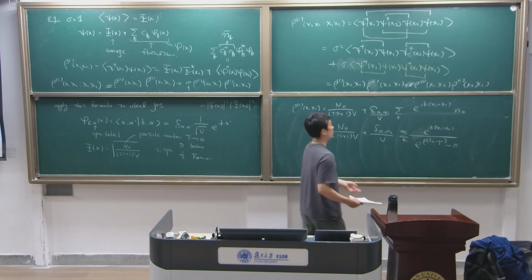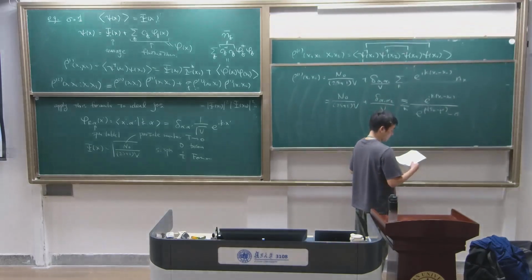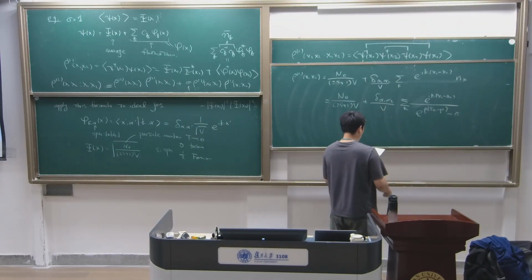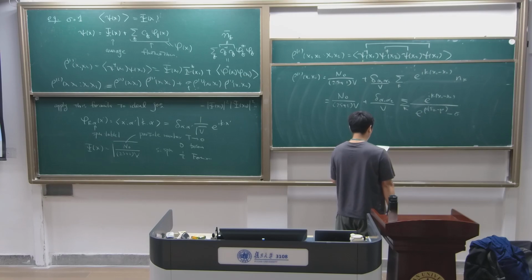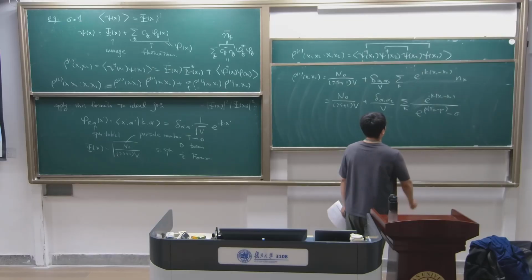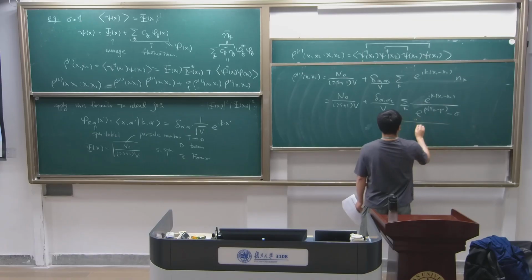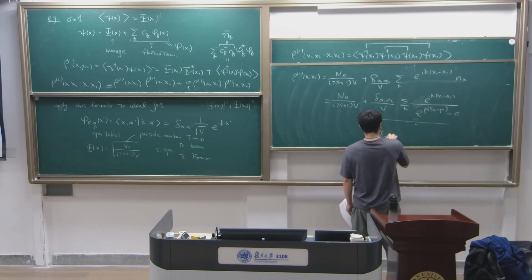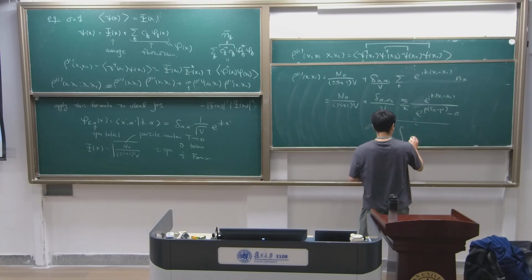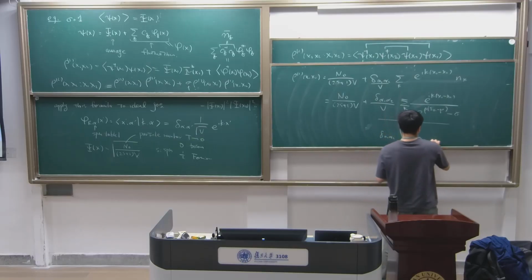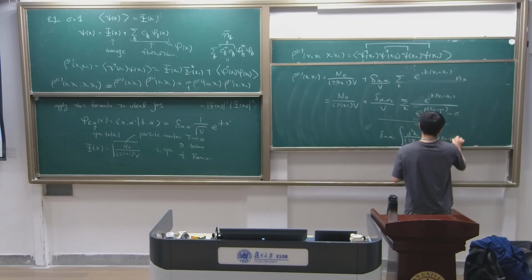Now, here, I mean, the space and this sigma summation. This summation we can approximate as follows: delta alpha alpha prime and the integral over d^3k.